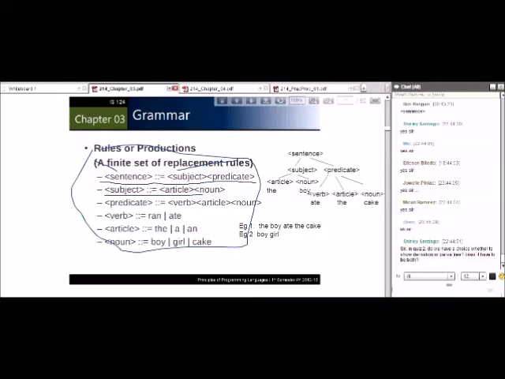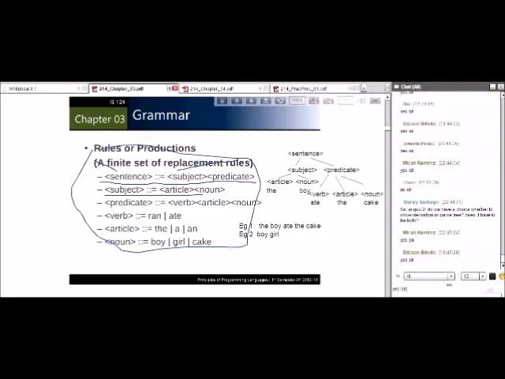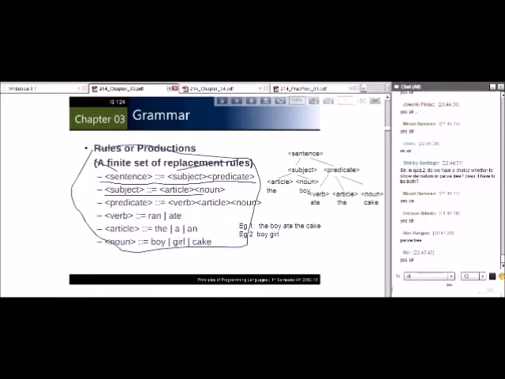Regarding your question, good point raised. You can make the choice if you want to use derivation or parse tree. But for me, personally, I prefer using parse tree. It's easier. But if you are comfortable using derivation rules, I have no problem with that.